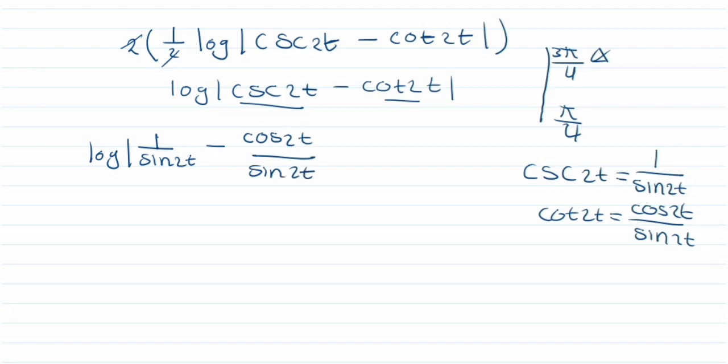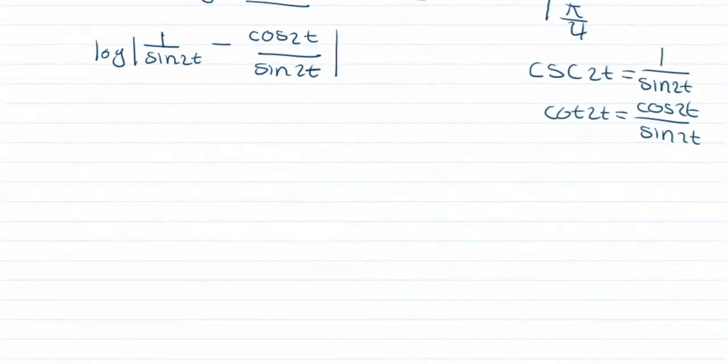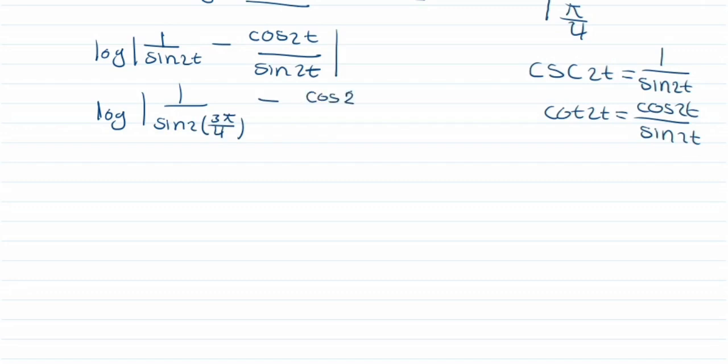So plugging in the limits now, we're going to have log of 1 over, when you put in the upper limit, 1 over sine 2 open 3 pi over 4, then minus cos 2 times 3 pi over 4, then everything over sine 2 times 3 pi over 4. So having written this, we are going to simplify it.